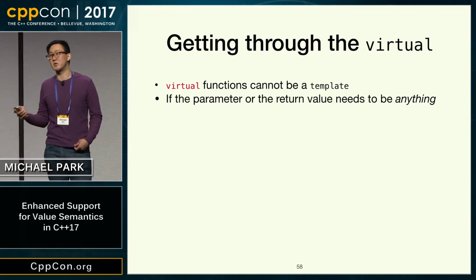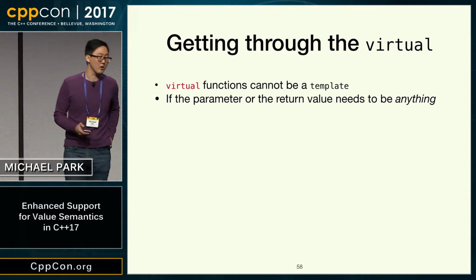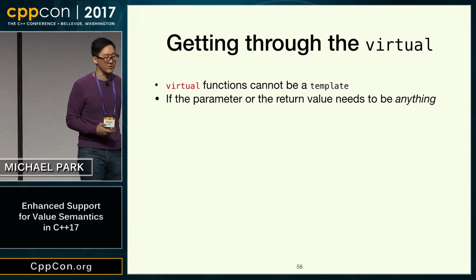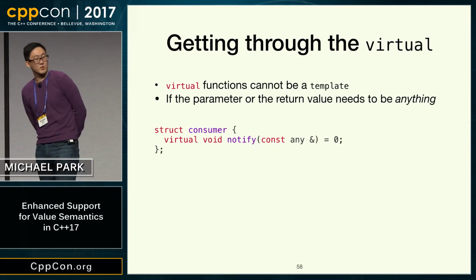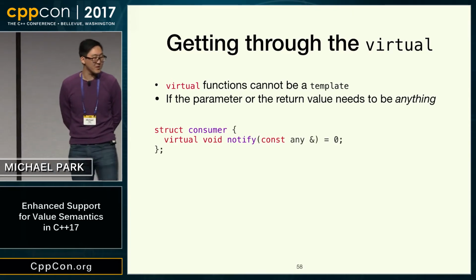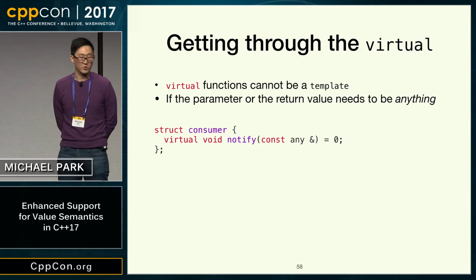And let's say variant isn't enough because it's actually truly open to whatever type you want to hold. In this case, we have some consumer class and a virtual notify function, and we could use any to pass arbitrary data through the virtual function.